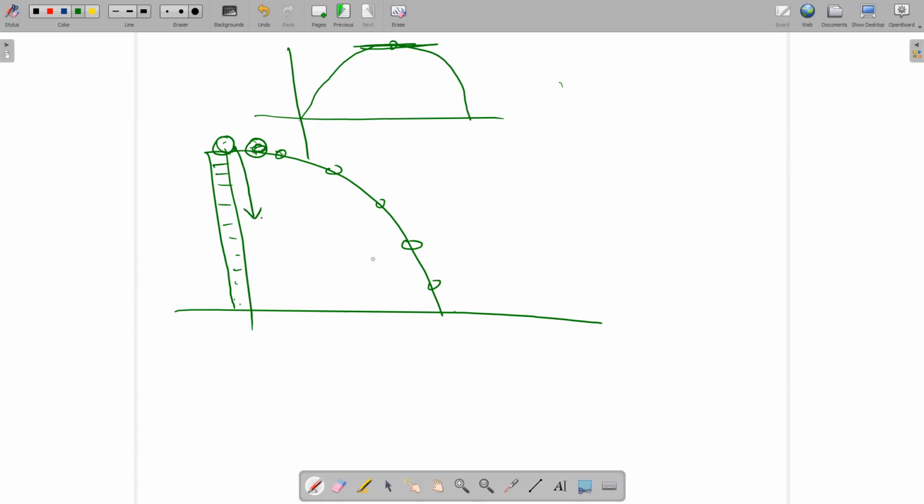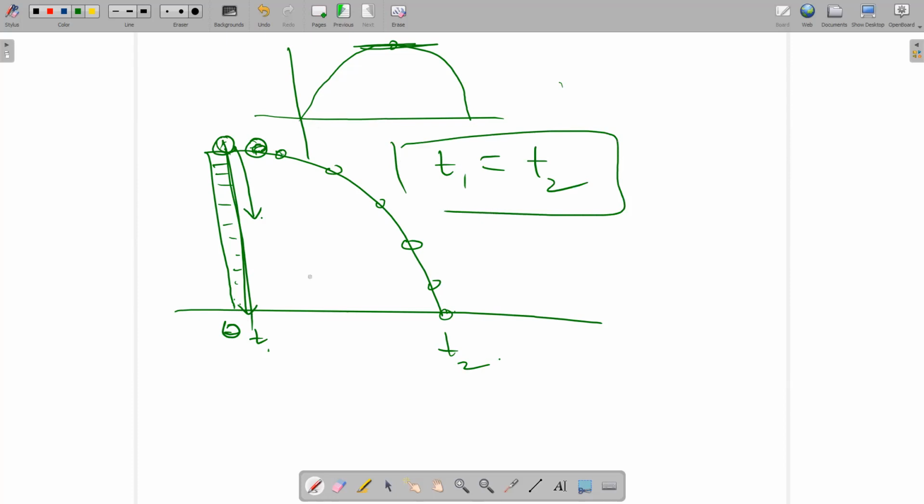What I want to say is, the time for the ball to fall vertically is T1, and the ball that follows this path and then falls here takes T2 time. So T1 is equal to T2. It means both balls will fall in the same time, either like this or like this.